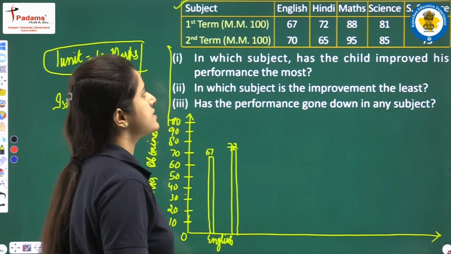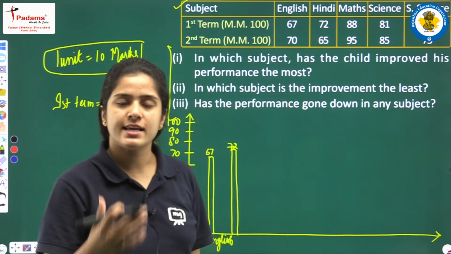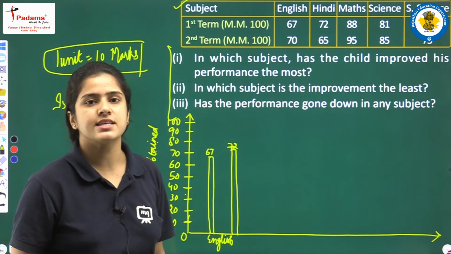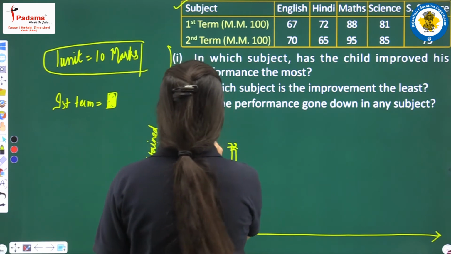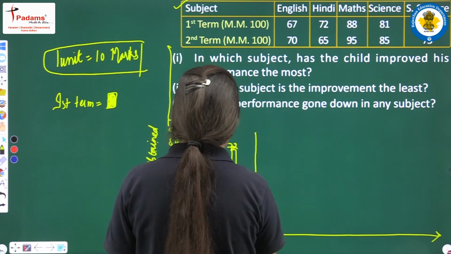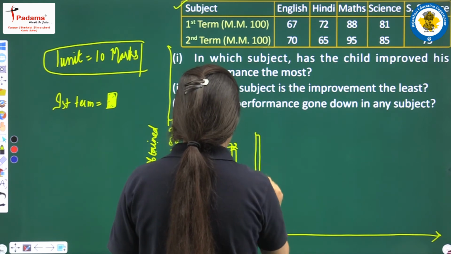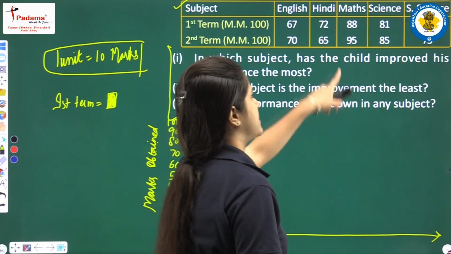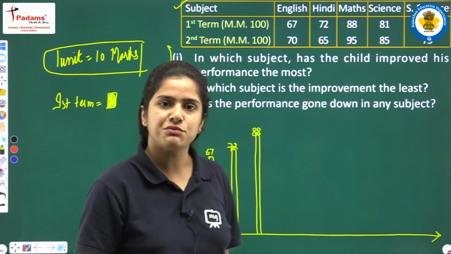Now students, in maths he is getting 88 marks. So he is getting 88 marks in mathematics. In science, he is getting 81 marks.